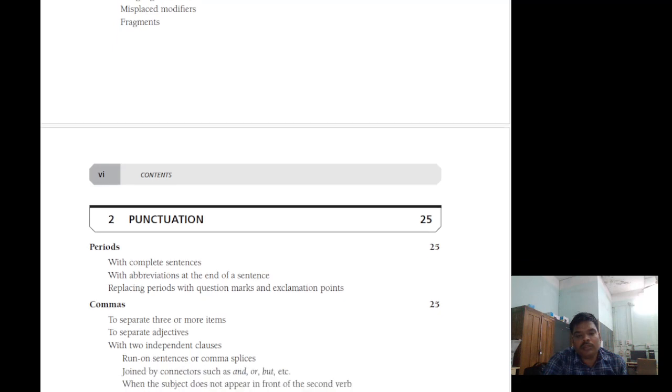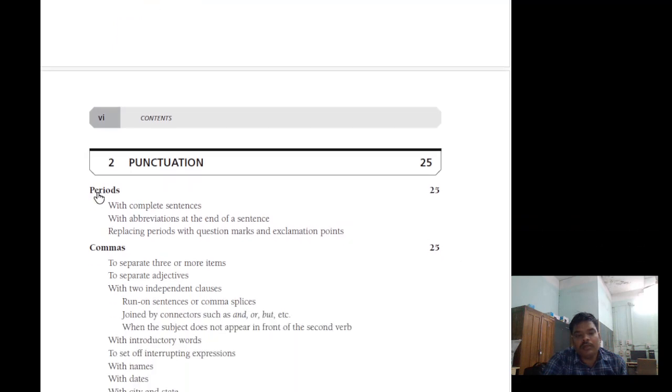In punctuation: period, when we put the period with complete sentences, with abbreviations, at the end of sentences, replacing periods with question marks and exclamation points.